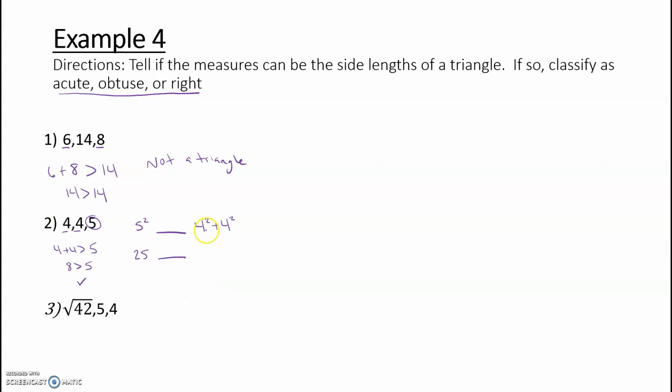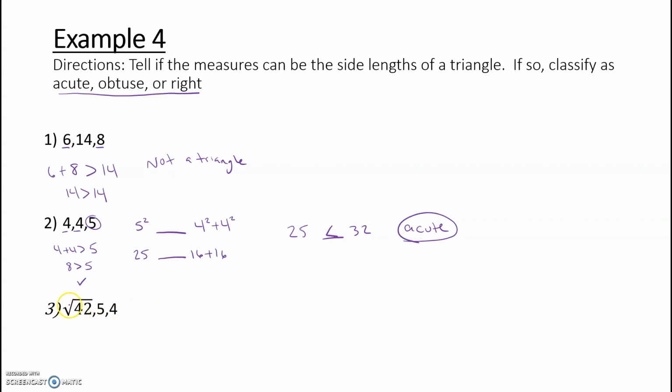Again, don't know what's going to happen. And we got 16 plus 16. So here we have 25, and then 16 plus 16 is 32. So 25 is definitely less than. And when I think less than, I think acute. C squared is less than.